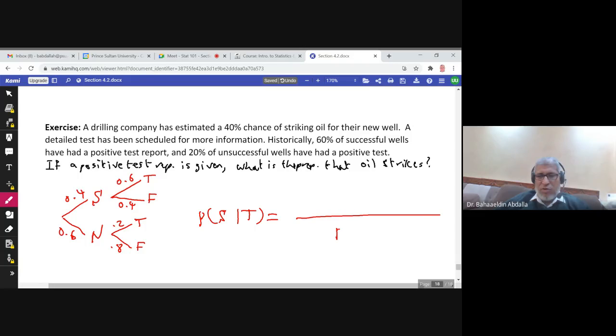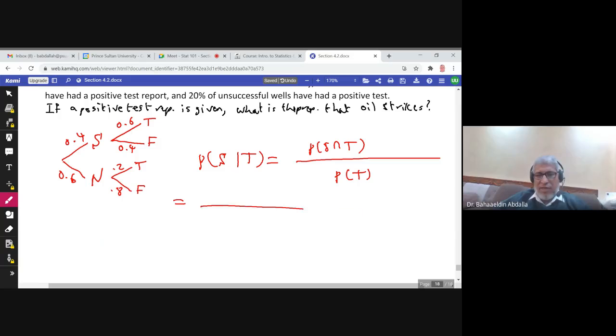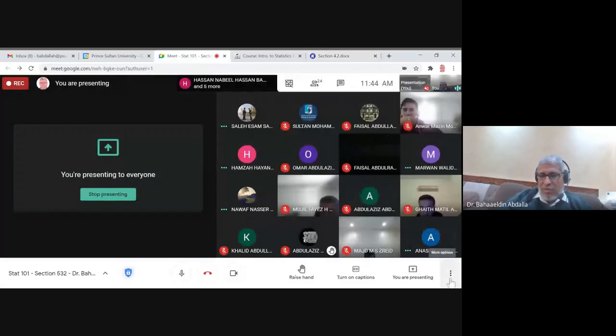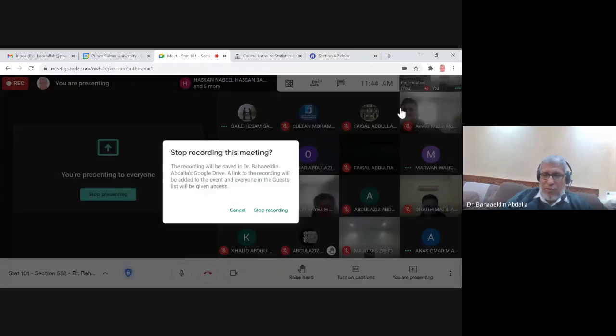So this would be equal to the probability of S intersection T over the probability of T. The probability of T you can find by multiplying 0.4 times 0.6 plus 0.6 times 0.2. And the probability of S intersection T is 0.4 times 0.6. And you find the answer. This is the last point in this section. I stop here and I open the floor for questions.